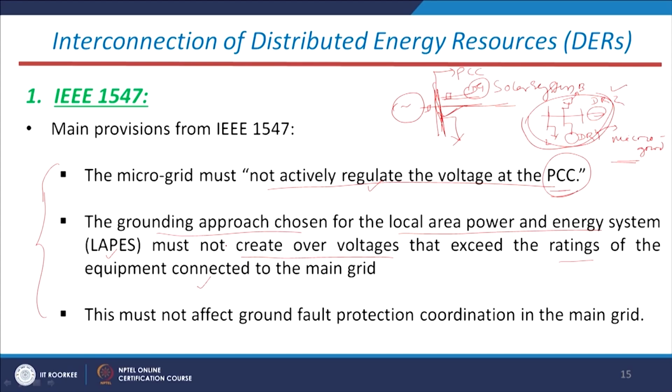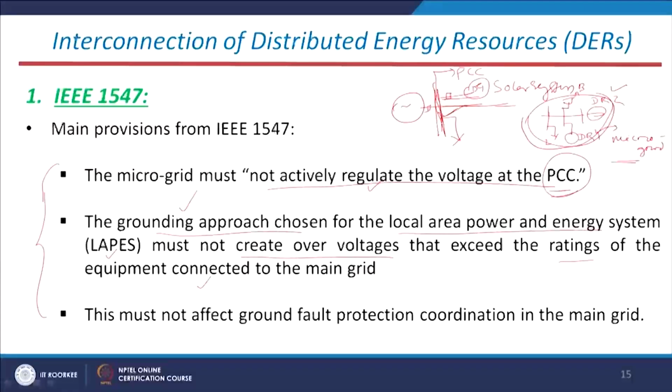This is also another vital rule for the interconnection of the DERs to the existing system. What is that? I want to explain that we have to maintain the grounding approach, because basically we have star connected loads and star connected sources.